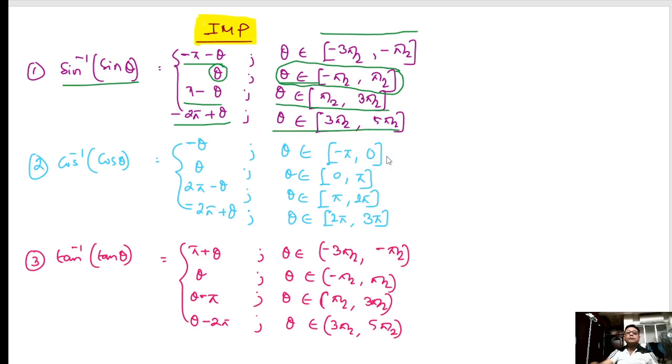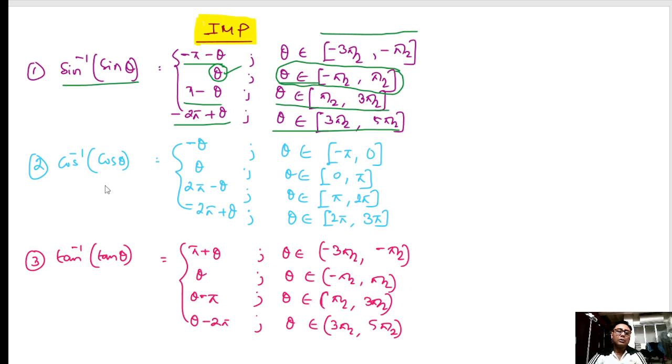If your angle lies between minus pi by 2 to pi by 2, you take only theta. If your angle lies between minus 3 pi by 2 to minus pi by 2, you have to take minus pi minus theta. So please keep a note of this.